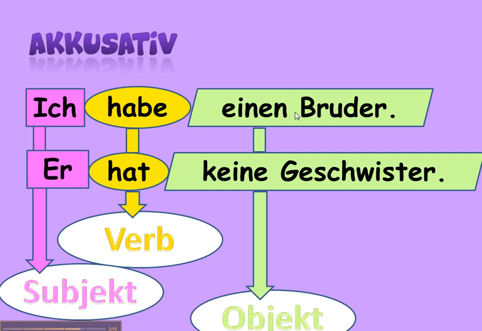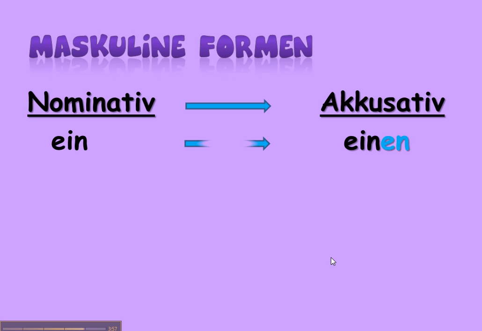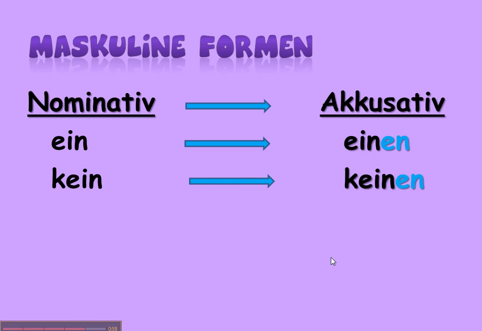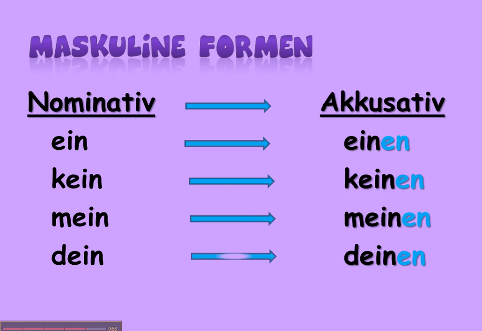But here you can tell there is a difference. Okay, so the masculine forms of your indefinite article and your possessive articles are as follows. Ein becomes einen, kein becomes keinen, mein becomes meinen, and dein becomes deinen.